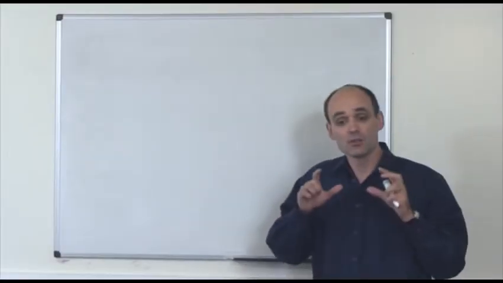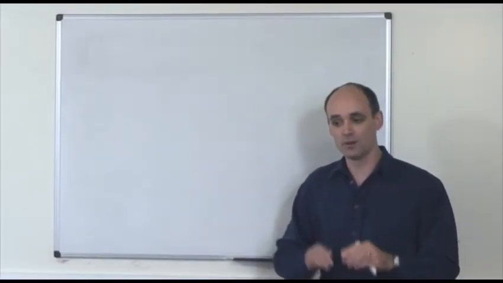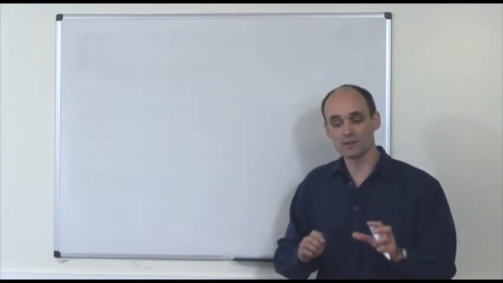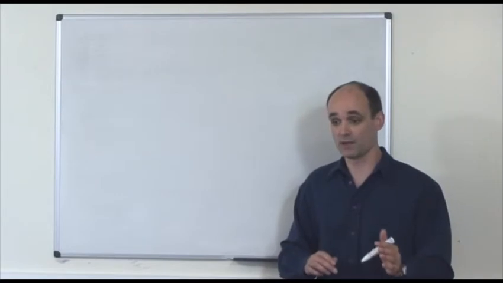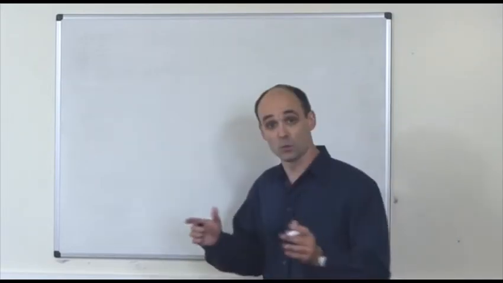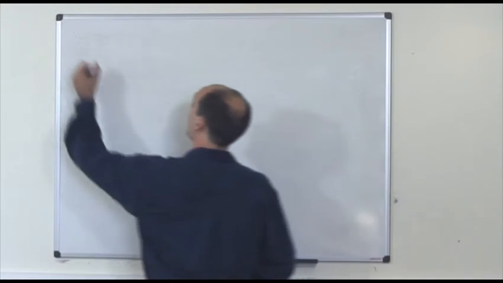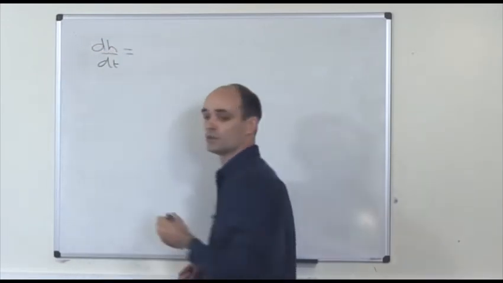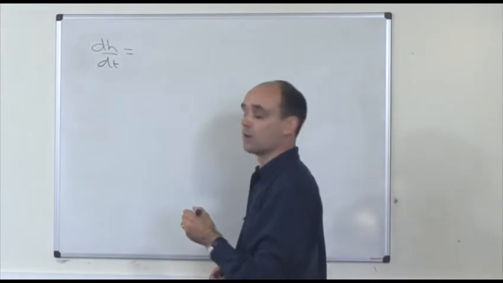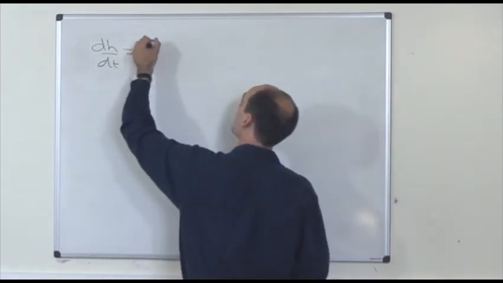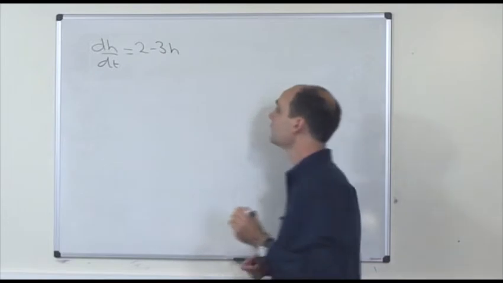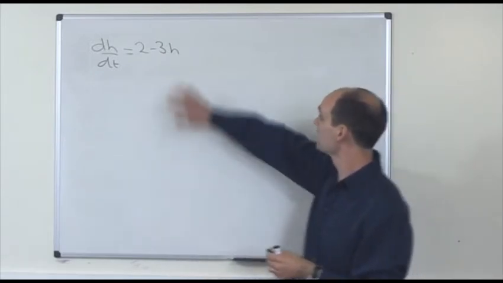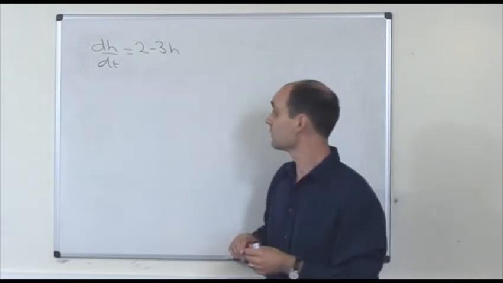So just to give two very quick examples of using that method to solve differential equations, why don't we try to solve the two differential equations we've just written down? The last one I just wrote down was for the height of water in a vat, dh by dt is equal to 2 minus 3h. You can see this is a very simple example of a separable equation because there's actually no time dependence on the right at all.